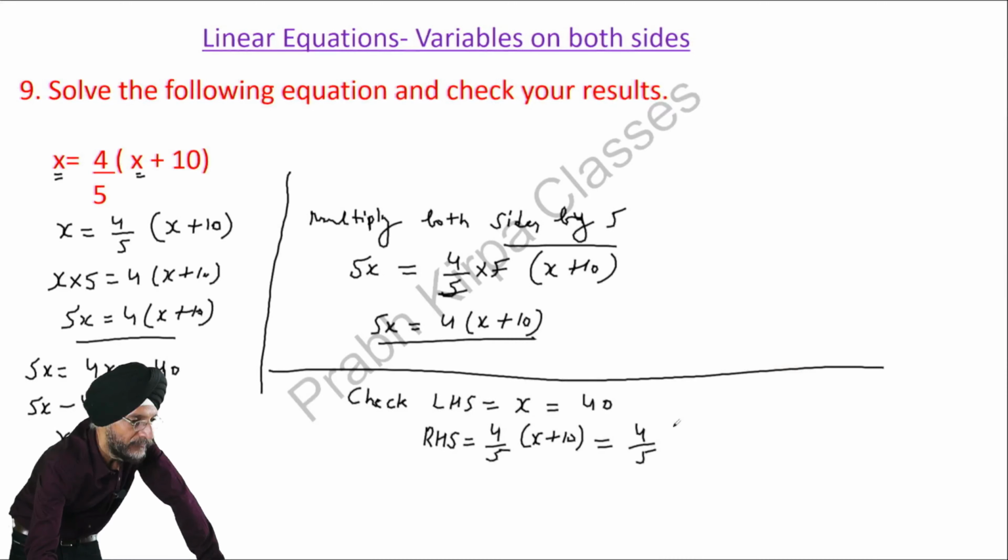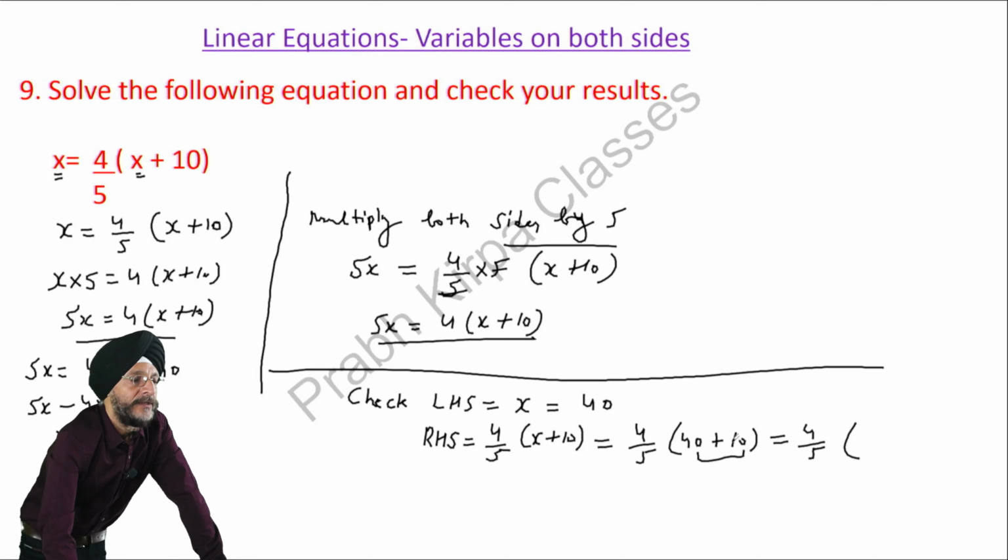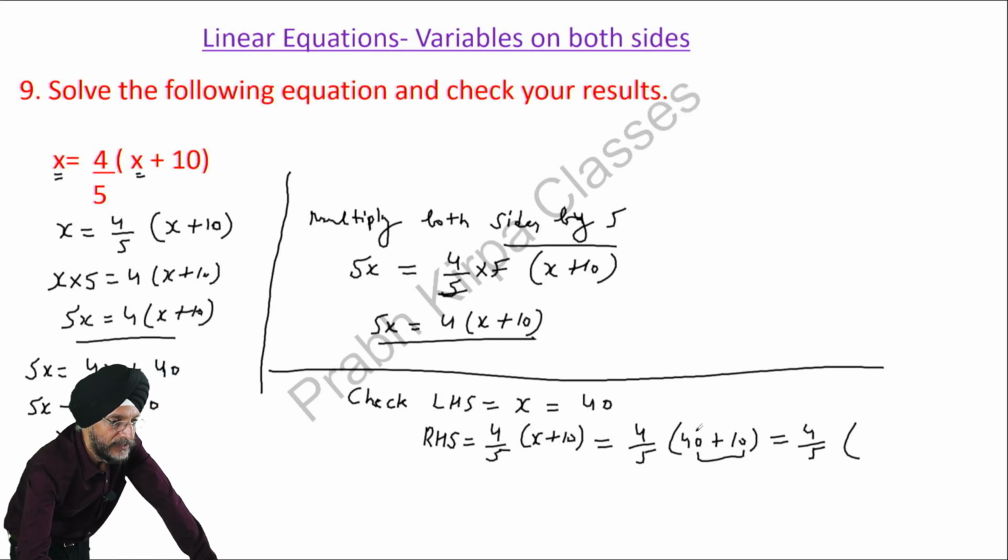4/5 into, what is the value of x? It is 40, plus 10. We will solve it. First of all, we will sum up: 40 will be added with 10, it becomes 50.